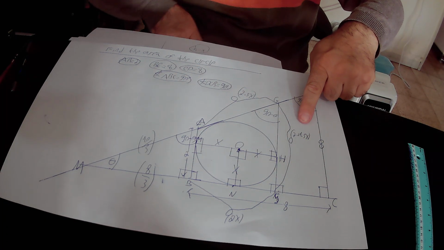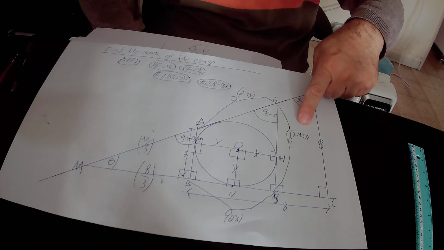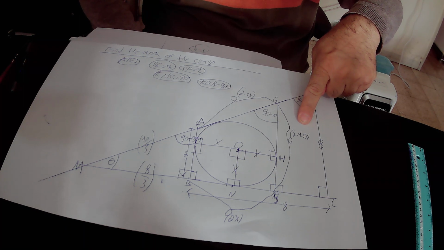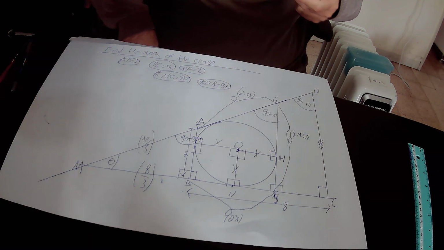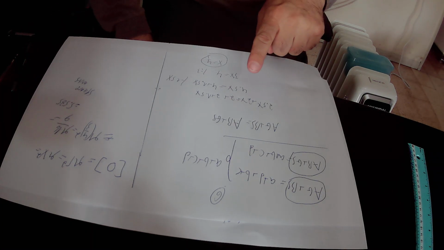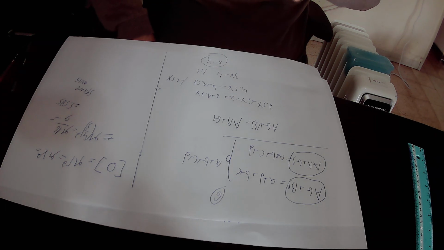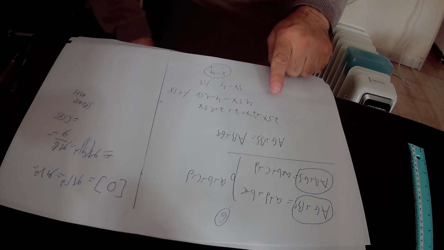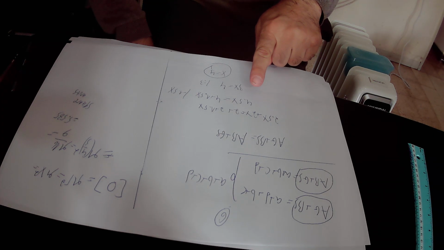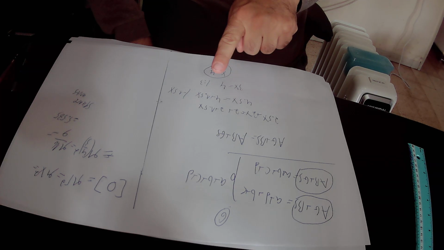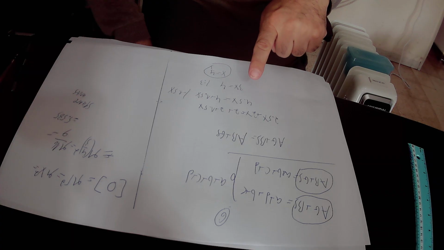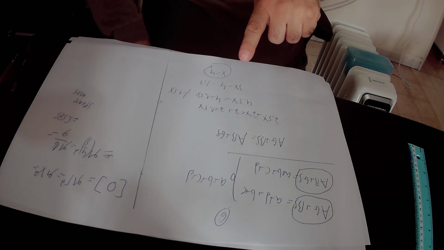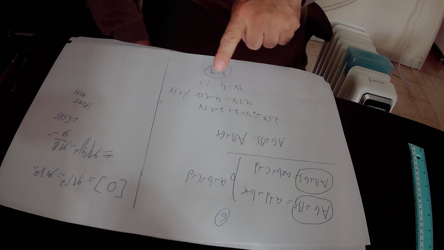GS equals 2 plus 1.5x, so we substitute GS by 2 plus 1.5x, and finally found that AG plus BS, which equals AB plus GS, is actually 2.5x plus 2x equals 2 plus 1.5x. 2.5x plus 2x is 4.5x, which equals 2 plus 2 is 4, plus 1.5x.